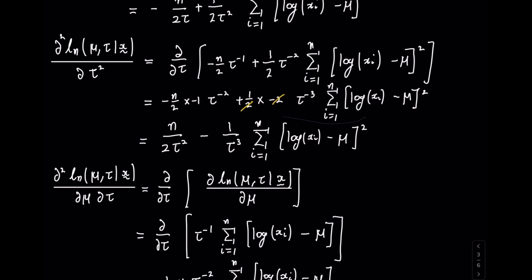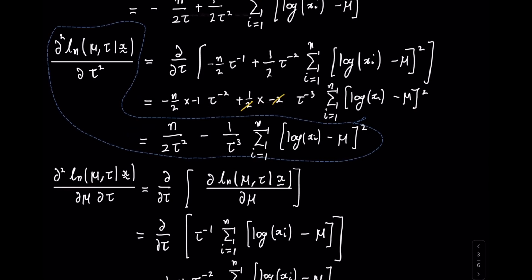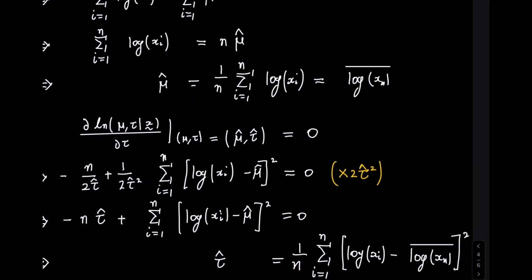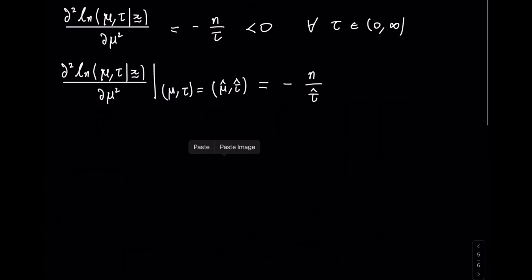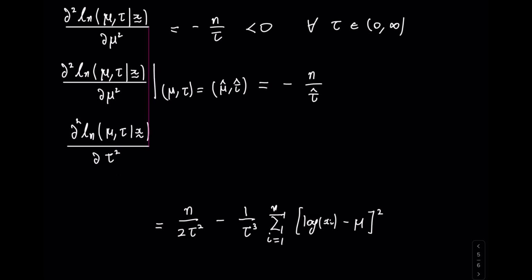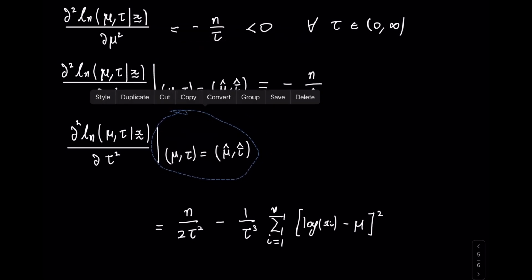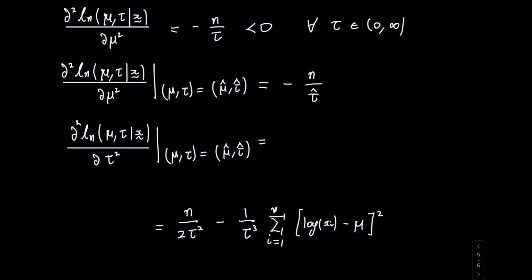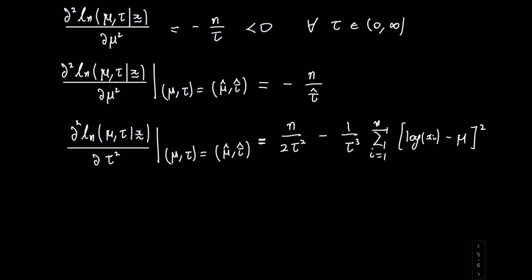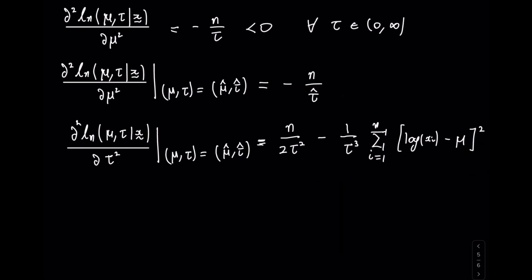In fact, I'm not just going to take this expression, I'm going to take the whole expression here, copy that across, and we're going to put that here. So this expression evaluated at, in particular, tau is equal to tau hat, is by definition equal to the following expression, and I'll place that on top of each other.